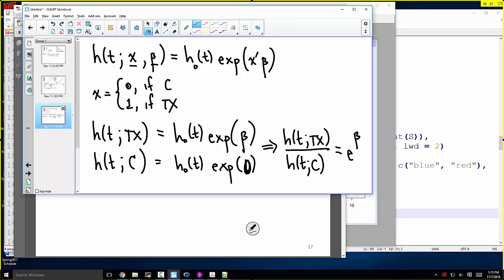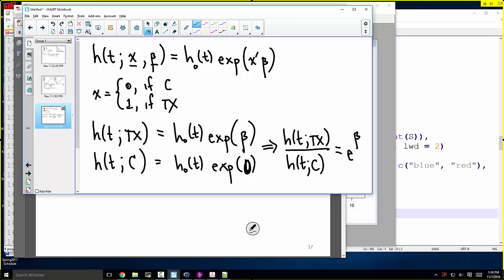Just like in logistic regression, beta is a log odds ratio. So e to the beta in a logistic regression is an odds ratio. E to the beta in a Cox proportional hazards model is a hazard ratio.